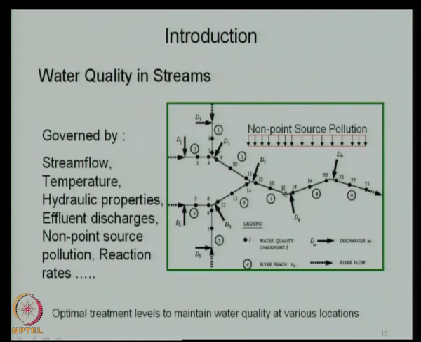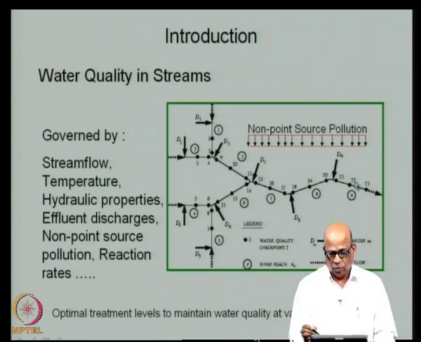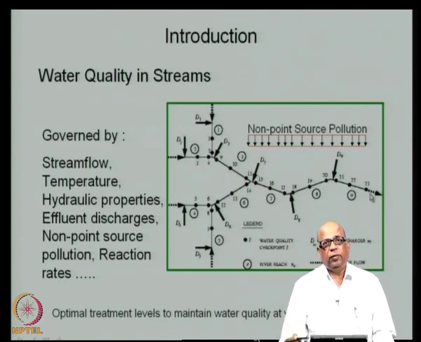And these numbers here, 15, 16, 17, etcetera, that I have shown are the checkpoints where you would like to maintain the water quality. So, the question that you will ask is how much treatment I should give to all these dischargers such that the water quality at various locations is maintained in some sense.